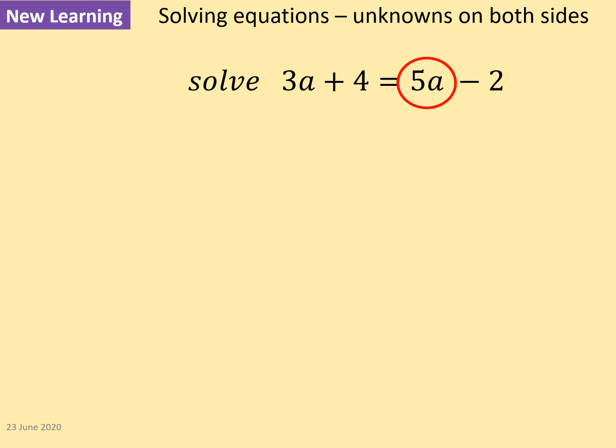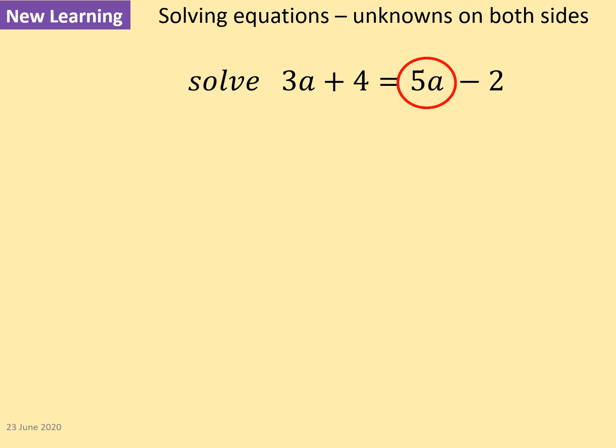So to isolate the a's, I need to have them on one side of the equal sign. It doesn't matter if it's the left-hand side or the right-hand side, but the idea is that I only have the unknown variable on one side of the equal sign, equaling a number. So in this case, the first step is to get rid of the 3a on the left.